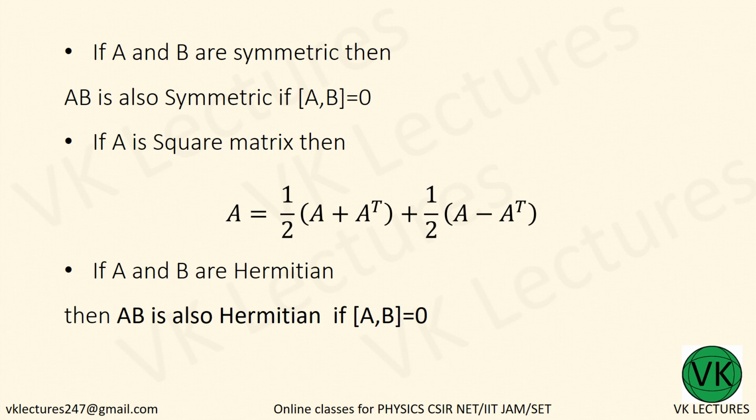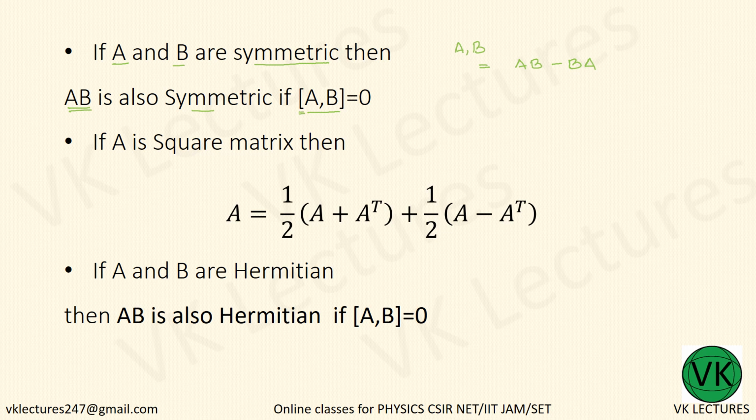If A and B are symmetric matrices, then the product AB is also symmetric if the commutator A comma B is zero. What is A comma B? This is equal to AB minus BA. This is what I mean by the commutator A comma B. The symbol represents the commutation.